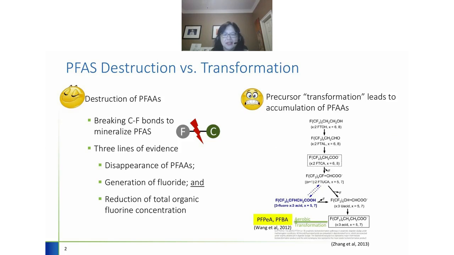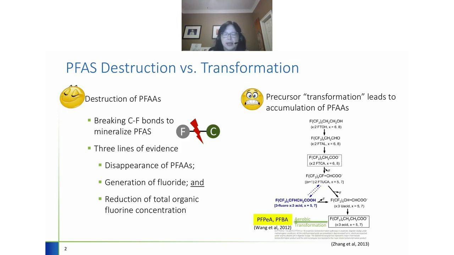So what is PFAS destruction? PFAS destruction typically means to break the carbon-fluorine bonds through engineering processes and ultimately to mineralize PFAS without leaving any unwanted fluorinated organic behind. We do know that the carbon-fluorine bond is one of the strongest bonds in chemistry, so it's difficult to break.